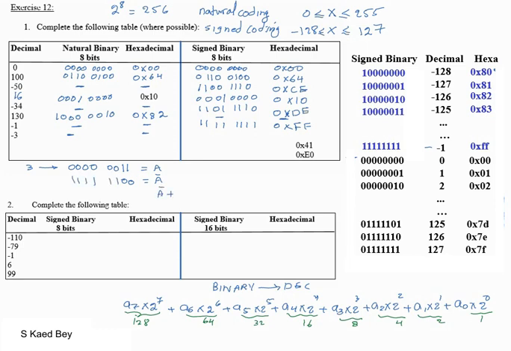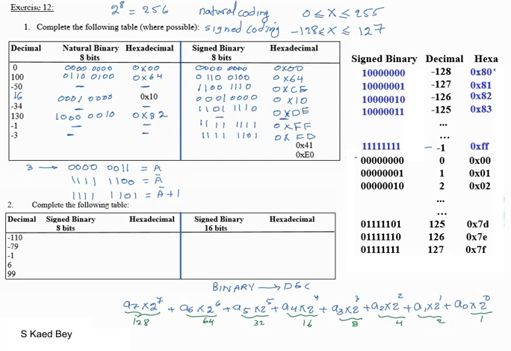Then the opposite of 3, which is negative 3, is A bar plus 1. We simply added 1 to A bar. So a negative 3 is equivalent to 11111101. In hexadecimal, this is equivalent to the first 4 bits being a letter D... F and the 4 ones is a letter F.